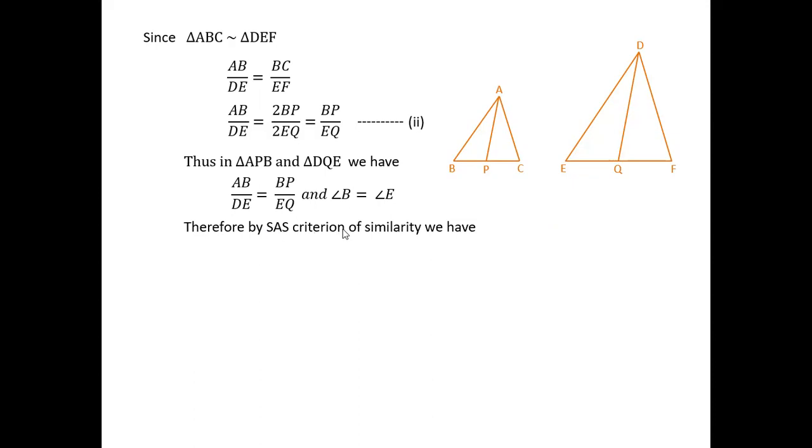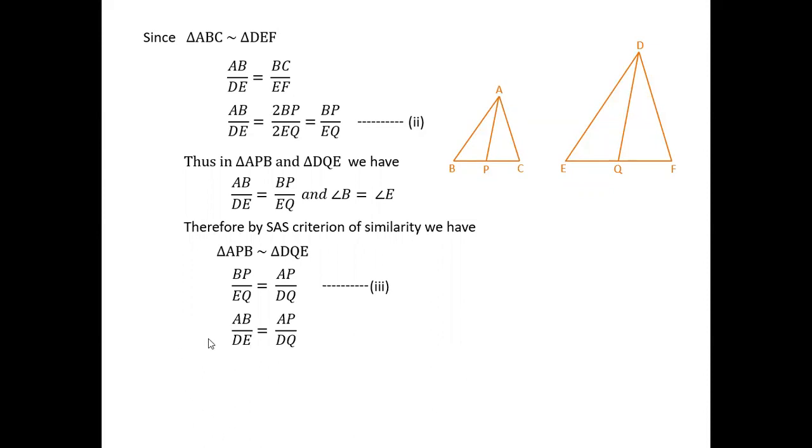Therefore, by SAS criterion of similarity, triangle APB is similar to triangle DQE. Because these two triangles are similar, we can say BP upon EQ is equal to AP upon DQ. Let's say this is the third equation.